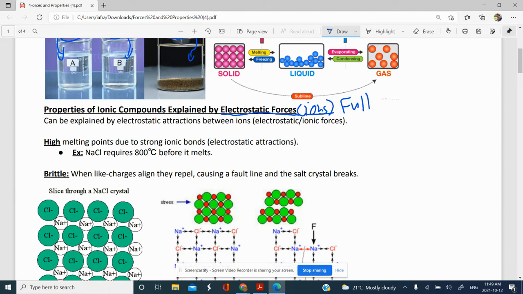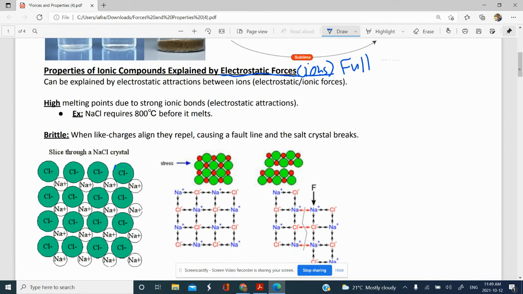Because you have these full charges instead of partial charges, like a full Cl minus and a full Na plus, you're going to have very high melting points for ionic compounds. For example, NaCl, which is just regular table salt, to melt it, you have to get to 800 degrees Celsius. To melt water, it's just 0 degrees Celsius. So ionic compounds will have the higher melting points.